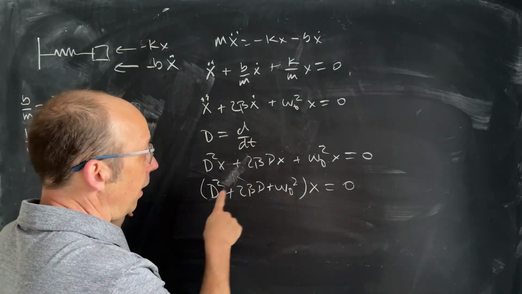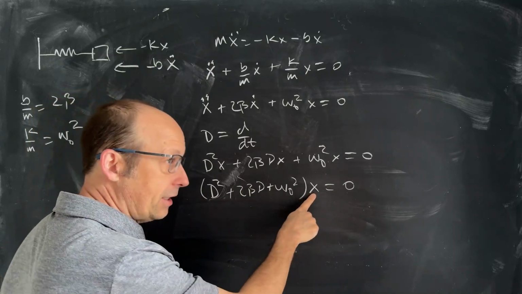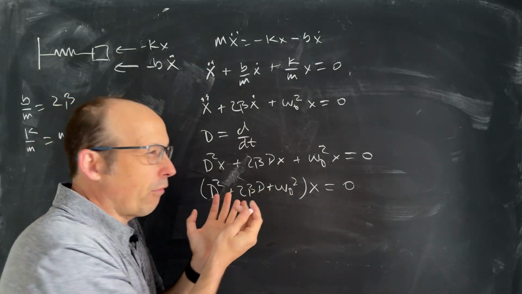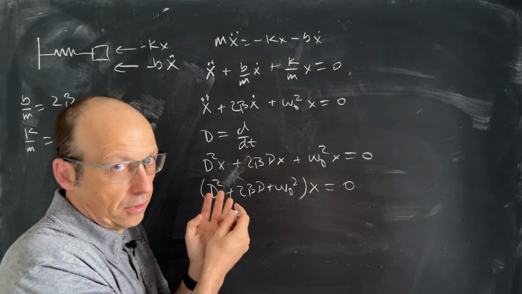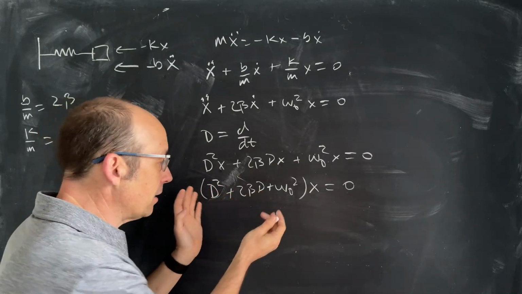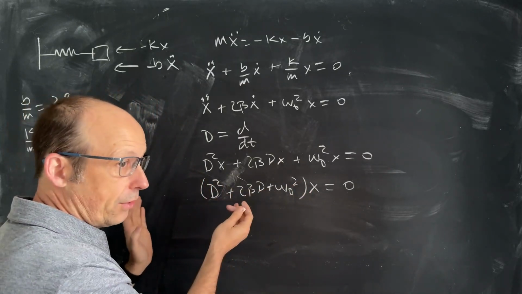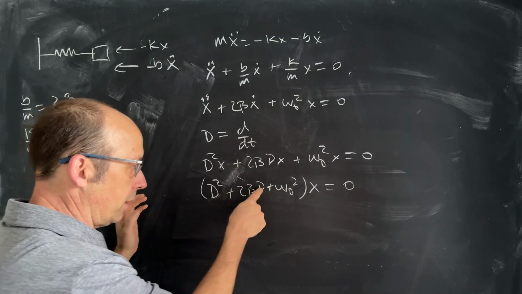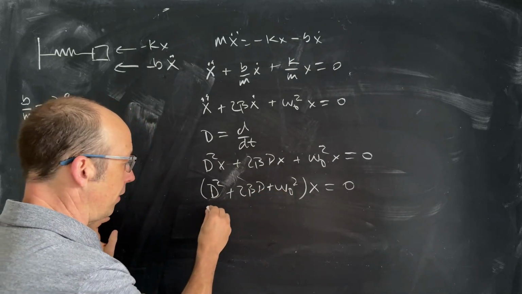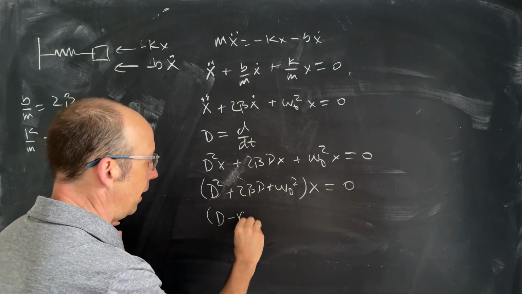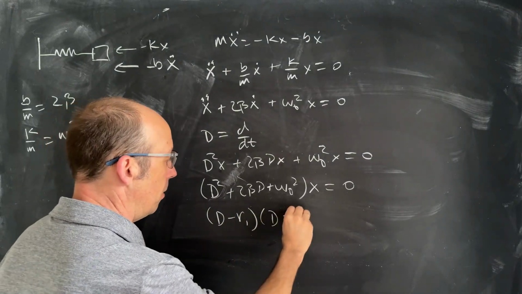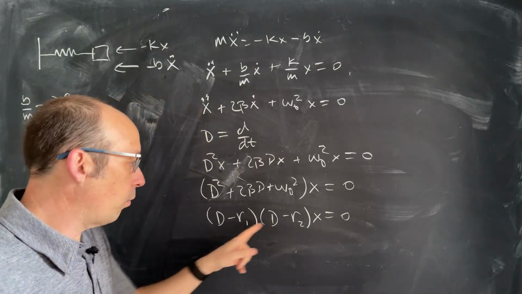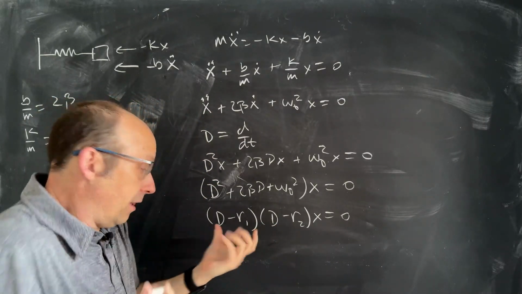If I want to solve this problem, I could say x is 0, but that's a trivial solution. Or I could say this operator is 0. I have a quadratic there in D, so I can factor it into D minus r1 times D minus r2, operating on x, equals 0. r1 and r2 are just constants, but they have to exist.